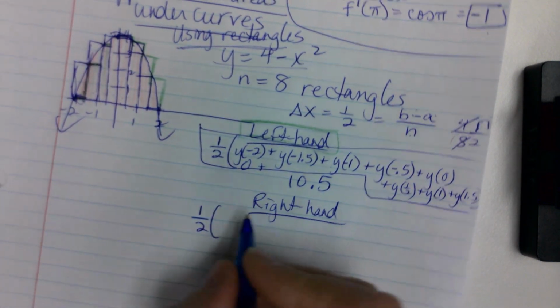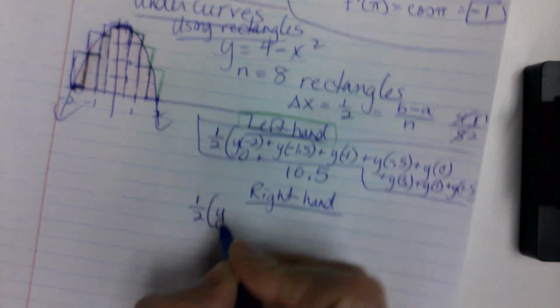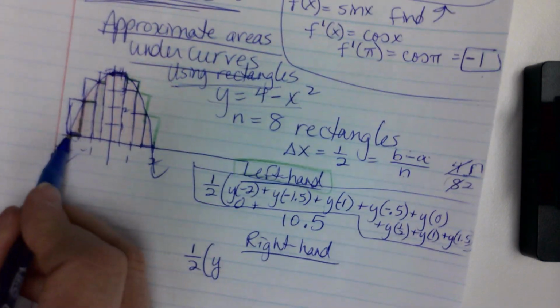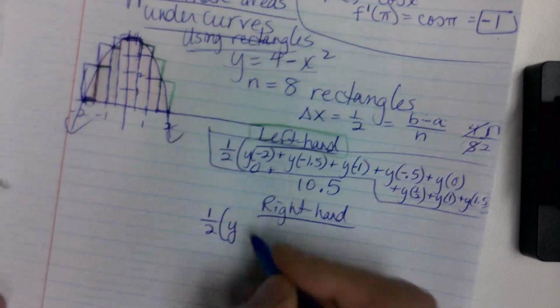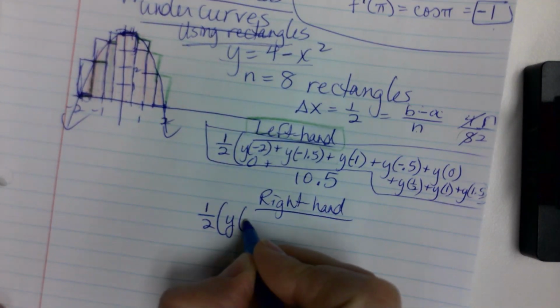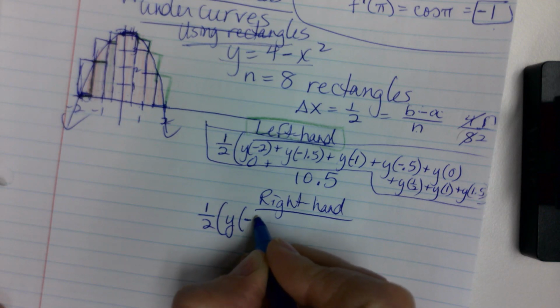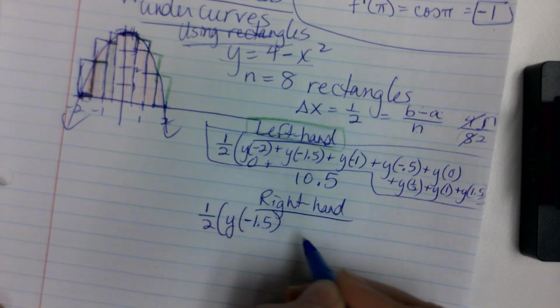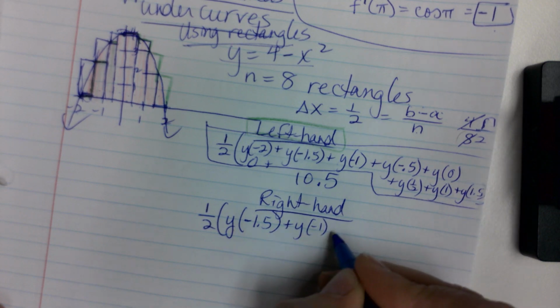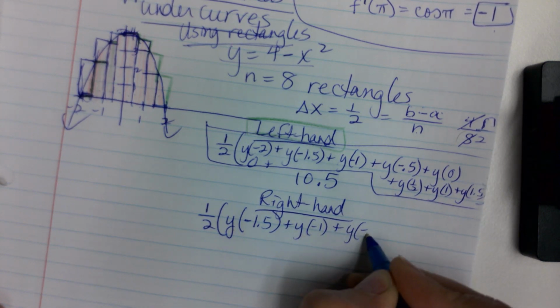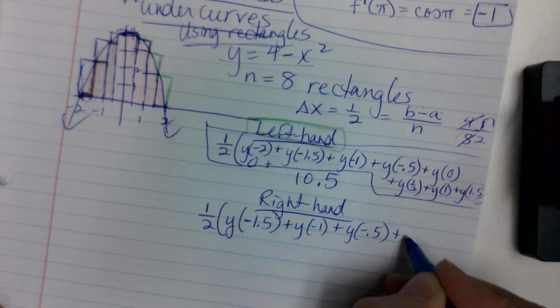But show the work. Instead of starting on the left side, in other words, the y value at -2, what are we going to have for the first one? -1.5, correct? Then -1, -0.5, 0.